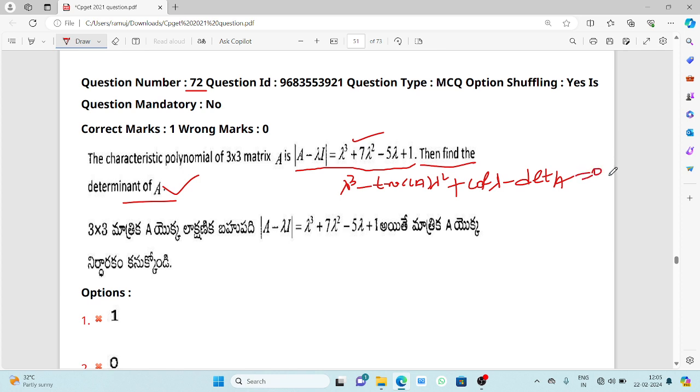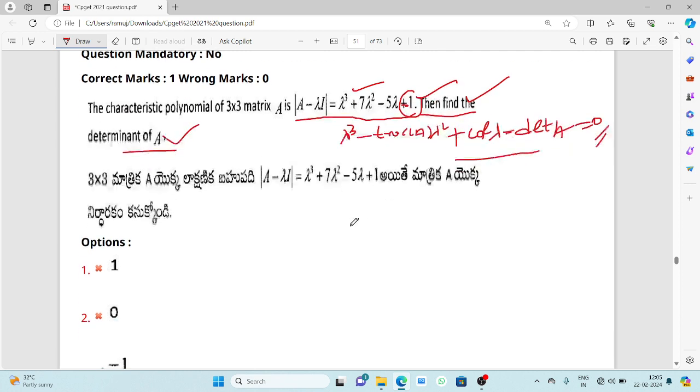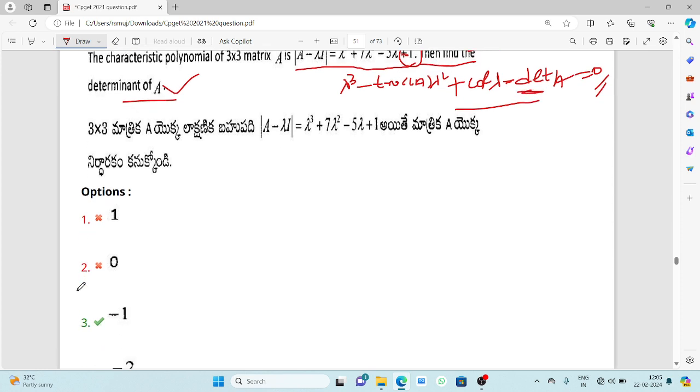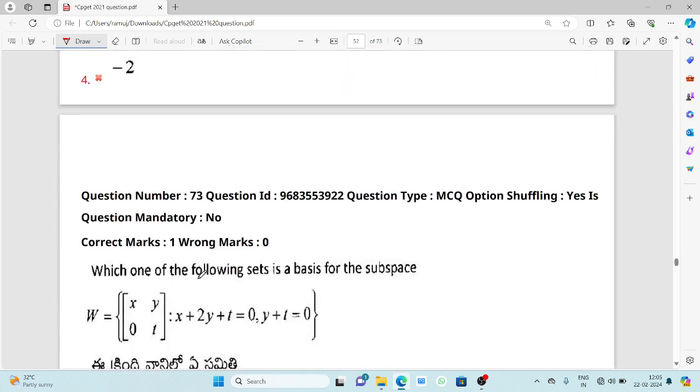This is the general normal form of the characteristic polynomial. If you compare with this one, the sign of the determinant term is negative in the general form and positive here. So the determinant of A is -1. We can clearly see that, so -1 is the correct option.